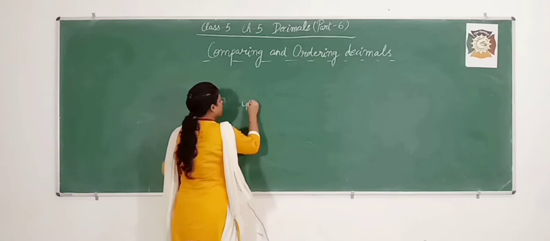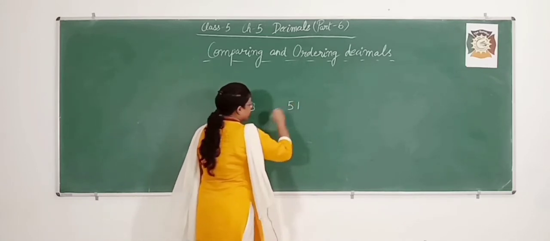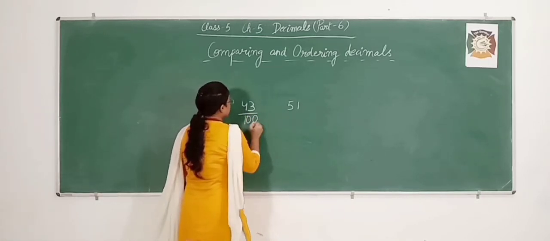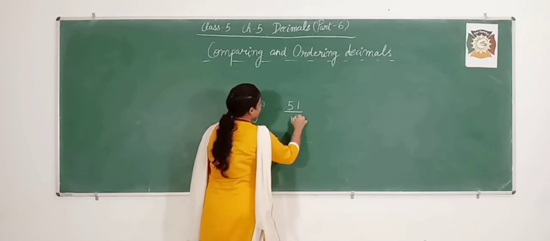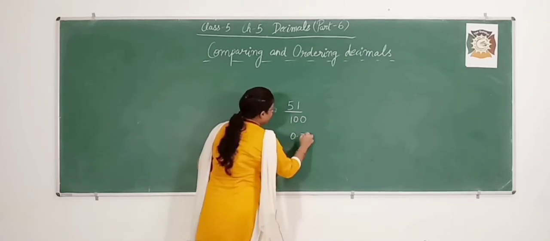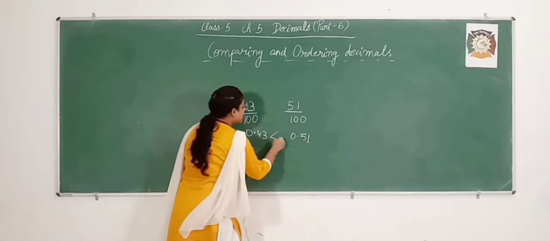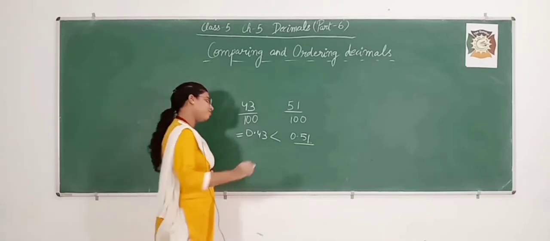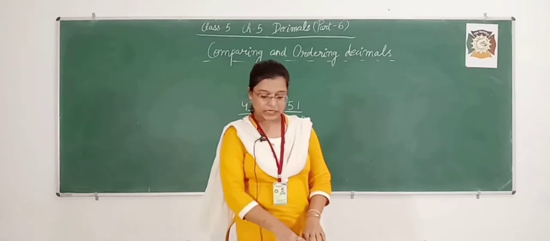In the first 43 are shaded and in the next one 51 are shaded. Then also you can easily compare. First one means 43 out of 100, that means 0.43, and the second one means 51 out of 100, that means 0.51. Here also you can easily tell that 0.51 is greater than 0.43. So in this way you are going to compare the decimals. Alright.